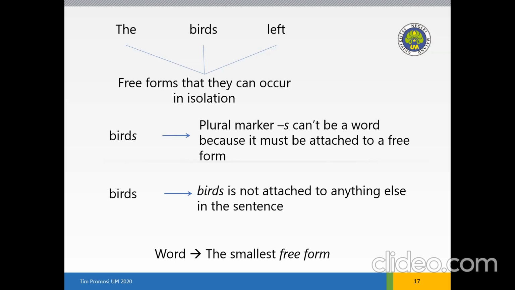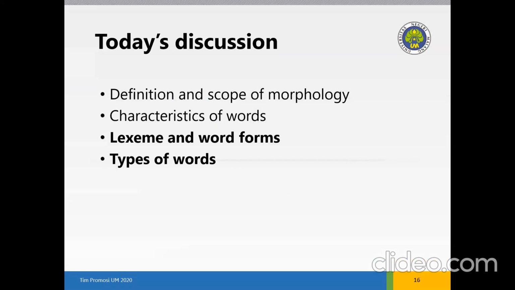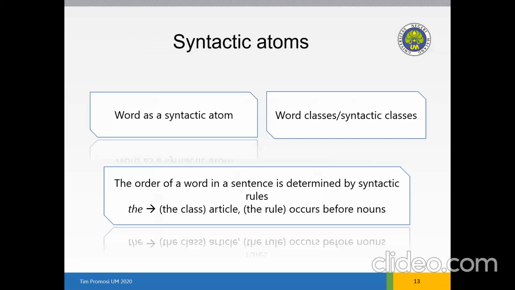Okay, so let us see the example here. The birds laugh. Those are the words. We have three words here, three forms that can occur in isolation, if you still remember the isolation that we have learned before.